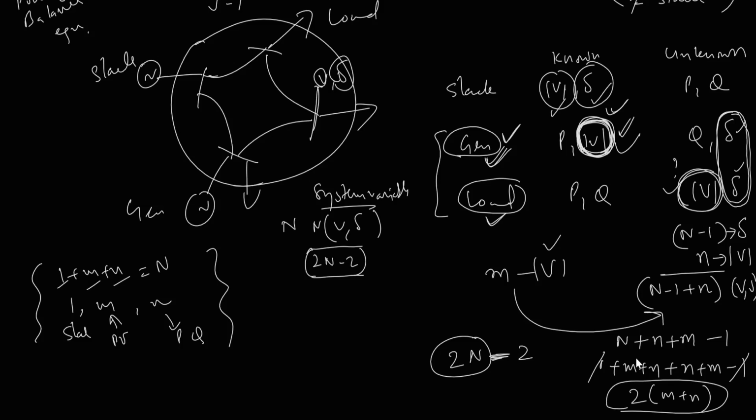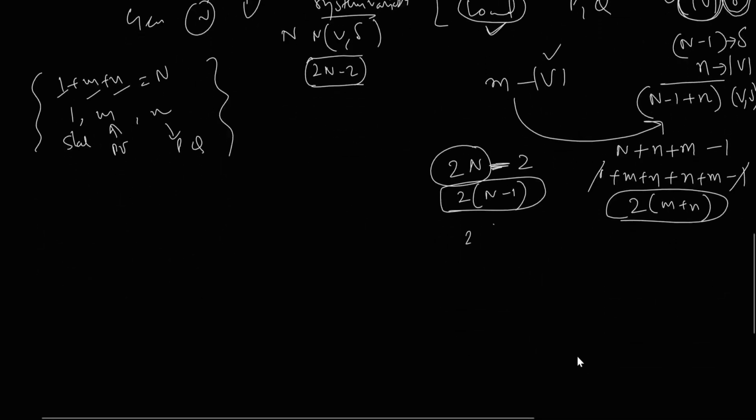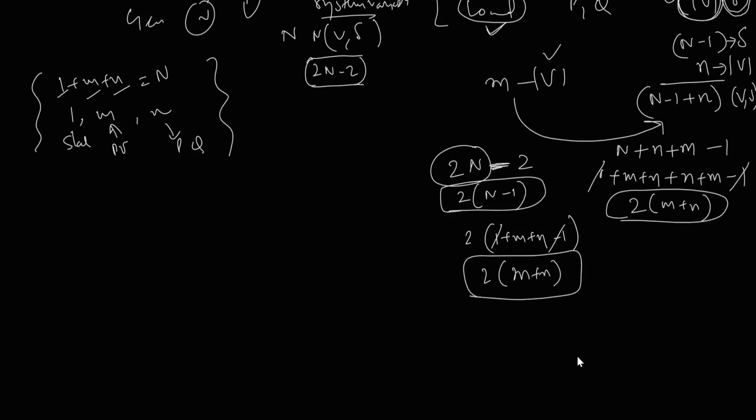So I have 2 into (n minus 1) variables to be found, right? That means 2 into (1 plus m plus n minus 1), so this one cancels, that is 2 into (m plus n) variables to be found.